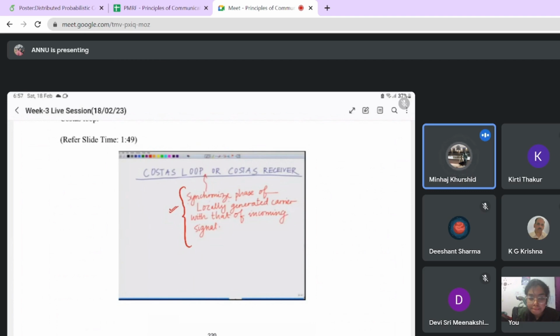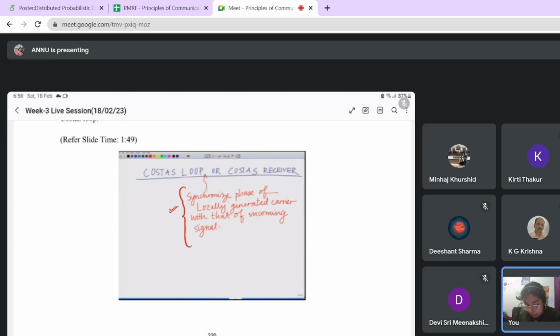The first will be the message signal multiplied by cos phi, and the second term will be the message signal multiplied by sin phi, and then we will simply multiply these two signals. After multiplying these two signals, we will feed it back to the VCO, the voltage controlled oscillator, and it works like this.